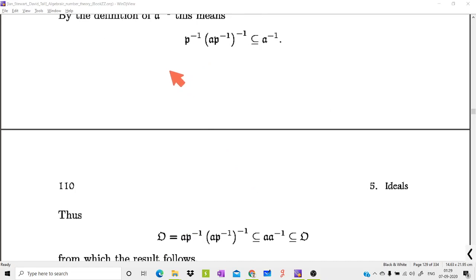Then O can be written as AP inverse whole inverse, which is contained in A inverse, which is contained in O. This shows that A inverse is equal to O. So for any ideal A, A inverse is equal to O. This proves result 6.